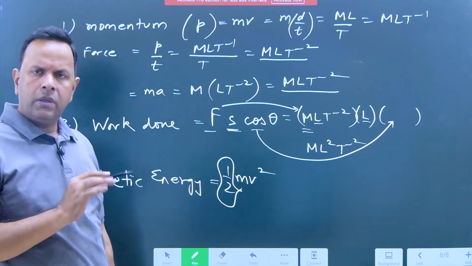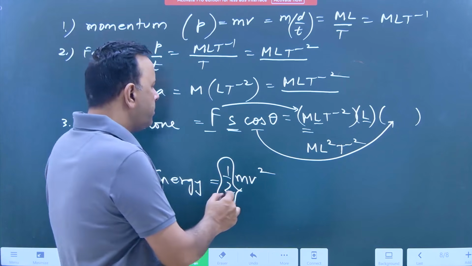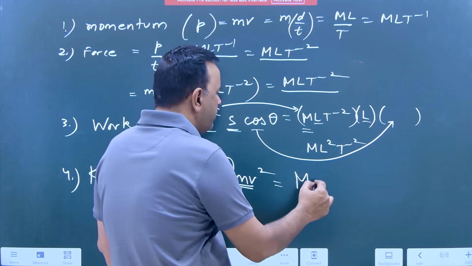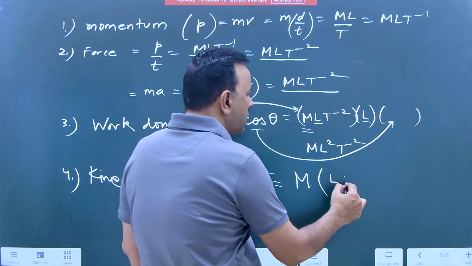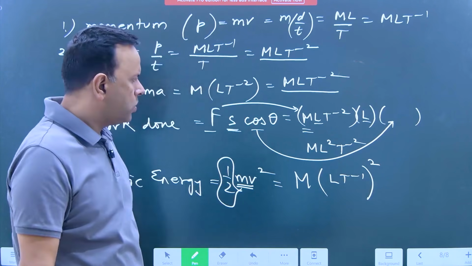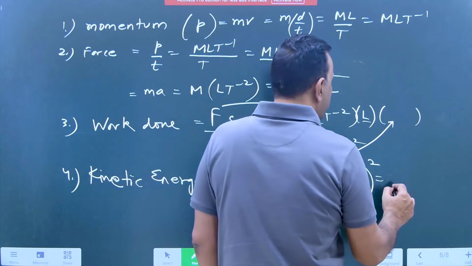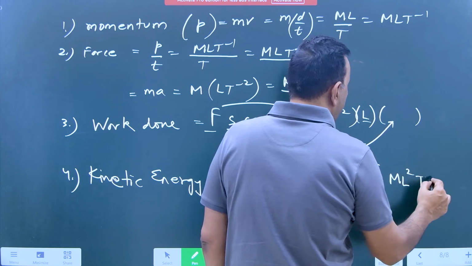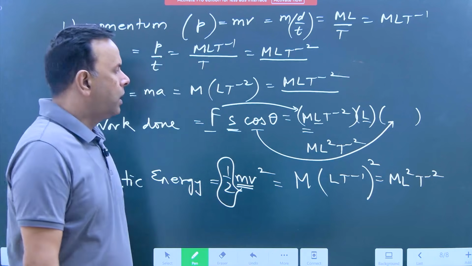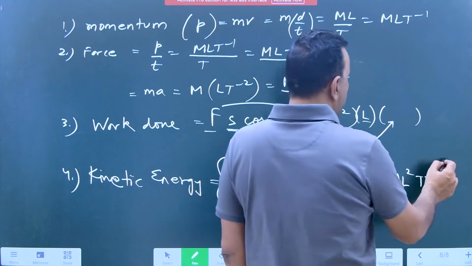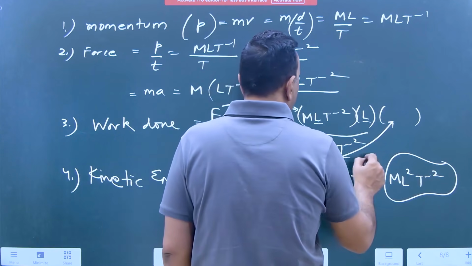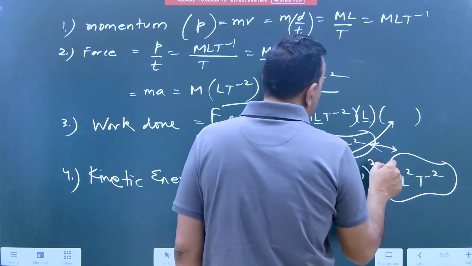Whatever numbers are coming, you don't have to look at them. Simply look at the other physical quantities. Mass is M. Velocity we earlier wrote as LT minus 1 and it has to be squared. So if I open the square, I get ML2T minus 2. You can see that the dimensional formula of kinetic energy and the work done are the same.